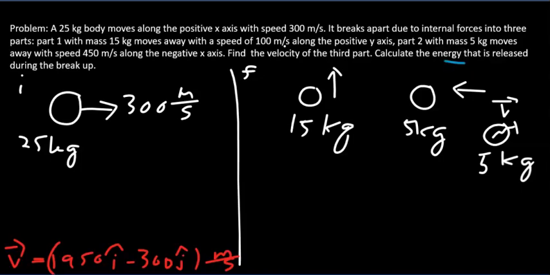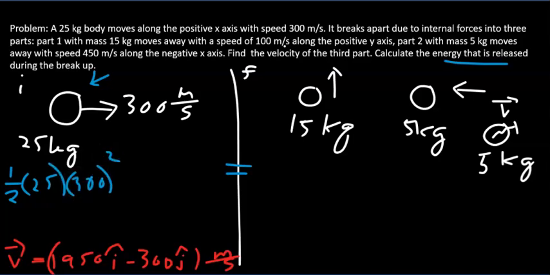Now let's calculate the energy that is released during the breakup. So according to conservation of energy, the initial energy of the system, which is the kinetic energy, half times 25 times 300 squared, plus an internal energy of that system that is eventually released when it gets to the final state, so this is what we are looking for, equals the kinetic energy of the system in the final state.